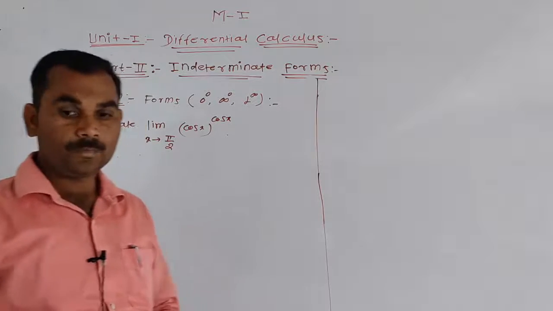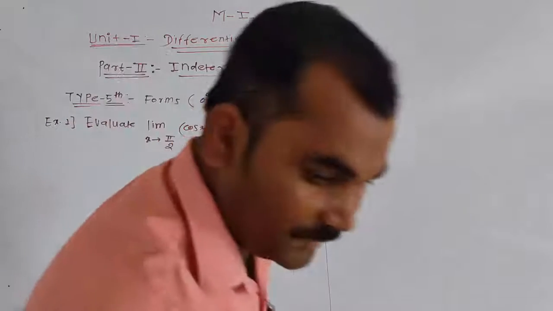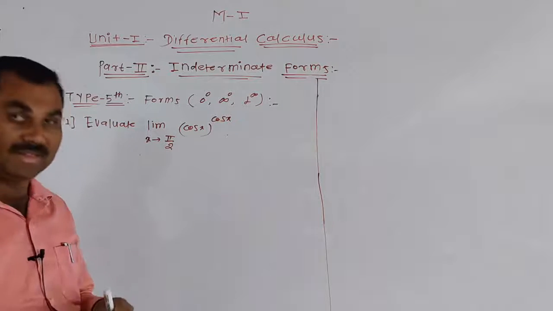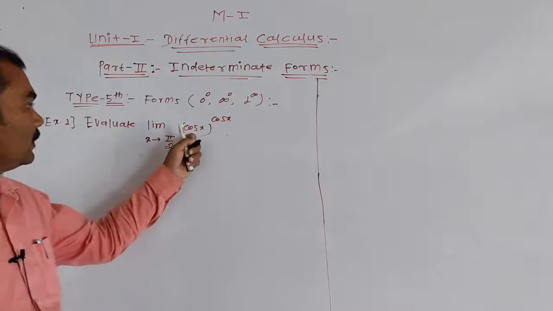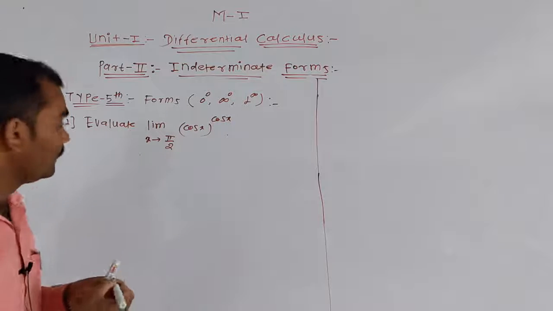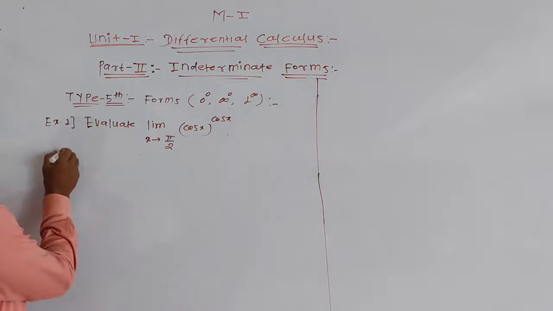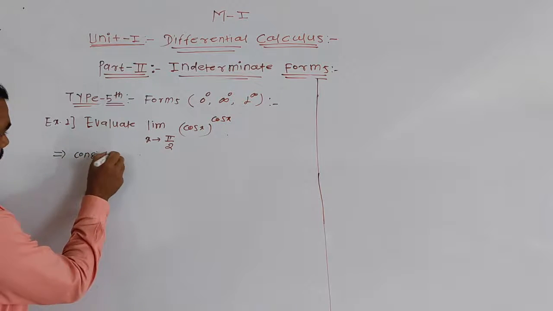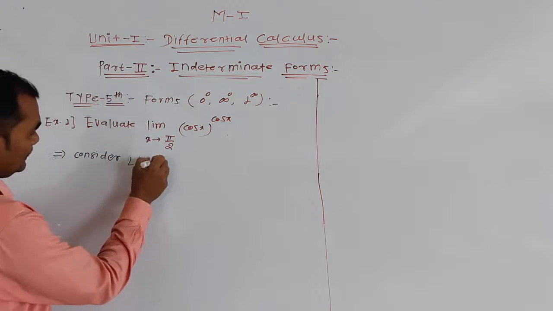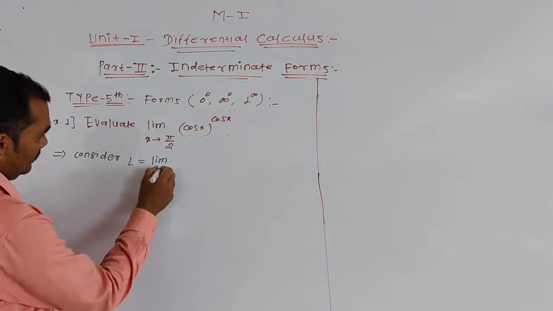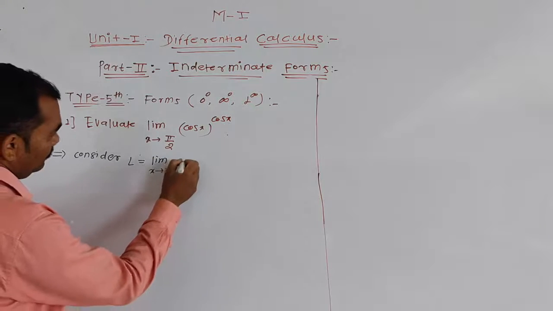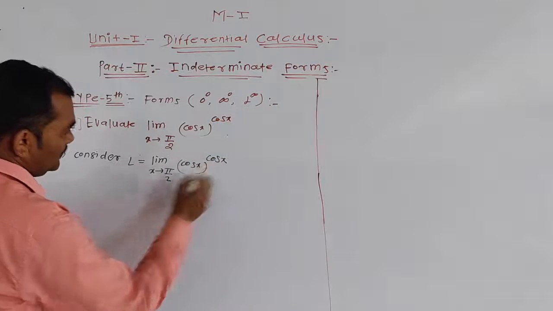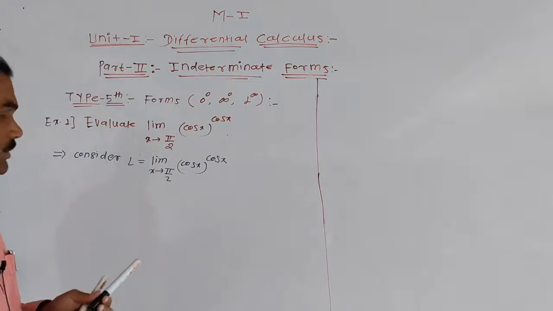Now see here, consider step first as usual: consider L as limit x tends to pi by 2, cos of x raised to cos of x.